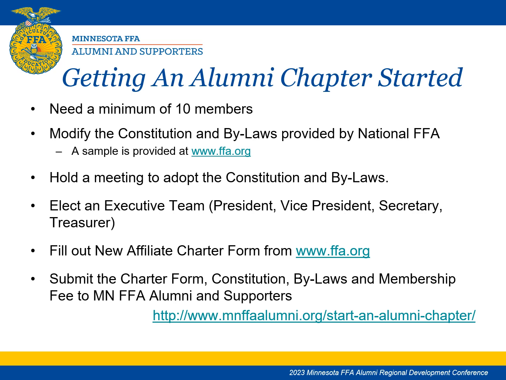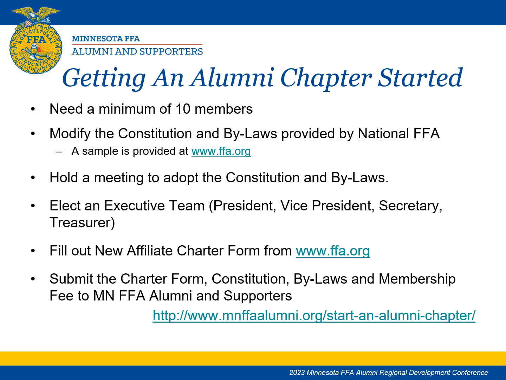We can provide a sample of bylaws to you, which we will go over in a future slide. You'll fill out an affiliate charter form. Again, we will provide that to you, but we will also look at that in a slide in the future. You'll elect your executive team, and then you'll submit all of this so that we can get everything entered into the national database.